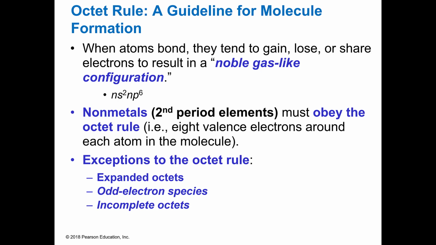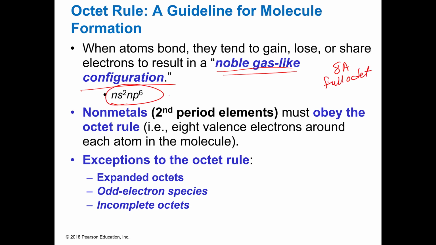So the octet rule is really important. When these things bond together, they are going to either be gaining, losing, or sharing electrons. And they try to achieve what we call the noble gas configuration. If you recall, the noble gases are in that last far right column, 8A, and they have a full octet.